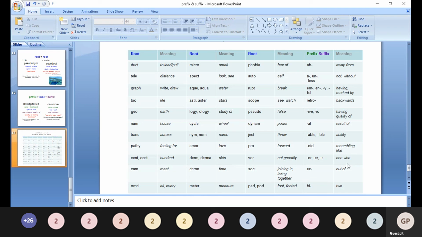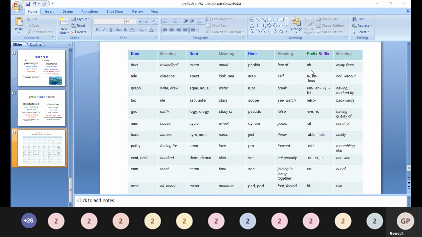Scope, see, watch. Pseudo, false. Dynam, power. Eject, throw. Pro is forward. Vor, eat greedily. Socio, social. Pod, foot. Pedicure, so it is all related to foot.